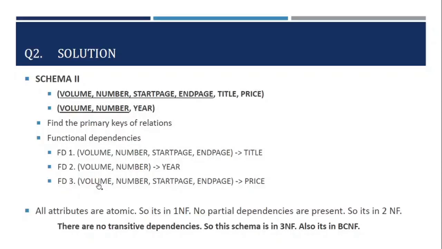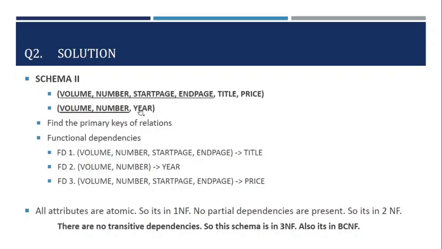What about FD2? FD2 needs the attribute year. Year is not present in the first table, so we can't check the second functional dependency here. Year can be checked only in the second table. So FD2 is valid in the second table.